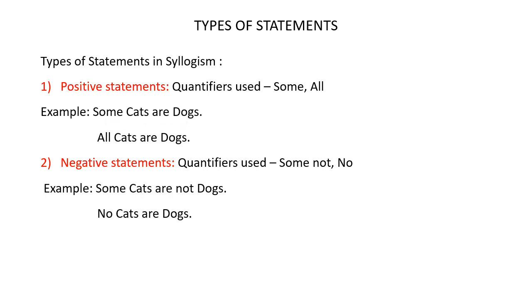All cats are dogs. Now these are positive statements. Quantifiers used in negative statements are "some not" and "no". For example, some cats are not dogs. No cats are dogs. These are negative statements.